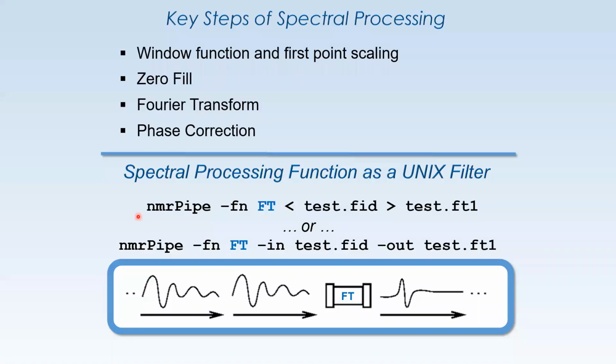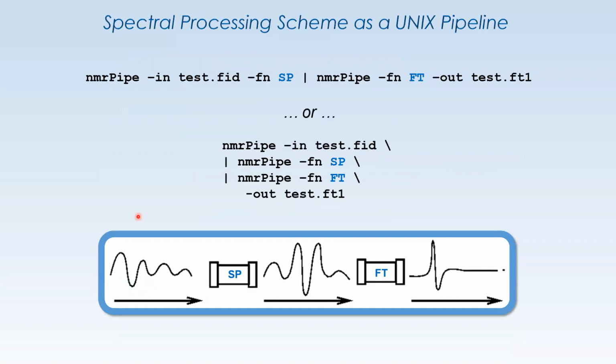Very straightforward. And that continues to the next critical concept that we adopt from Unix, which is the idea of a pipeline. A pipeline is two or more programs connected together in a series so that the output of one program is used automatically as the input to the next program in the series.